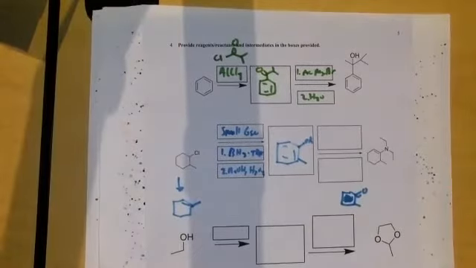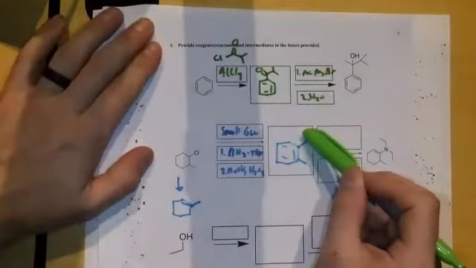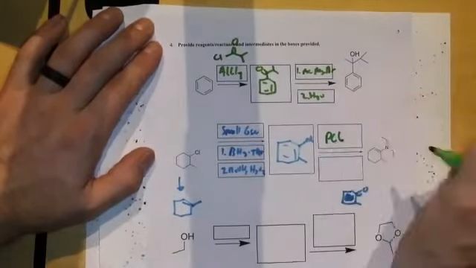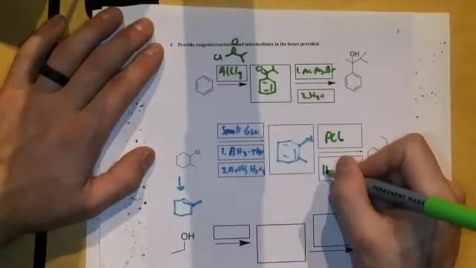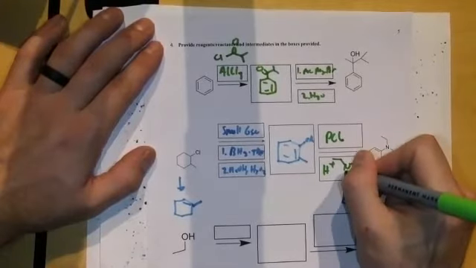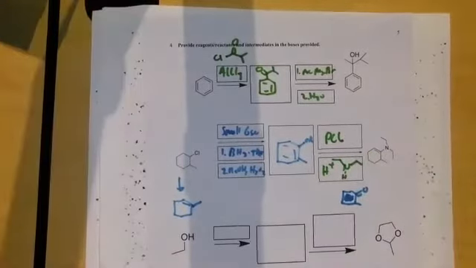These markers are all dying. Let me replace that chlorine with an oxygen. From here, if I want to get to this, I can throw in PCC and then my amine. So that was a pretty long one.